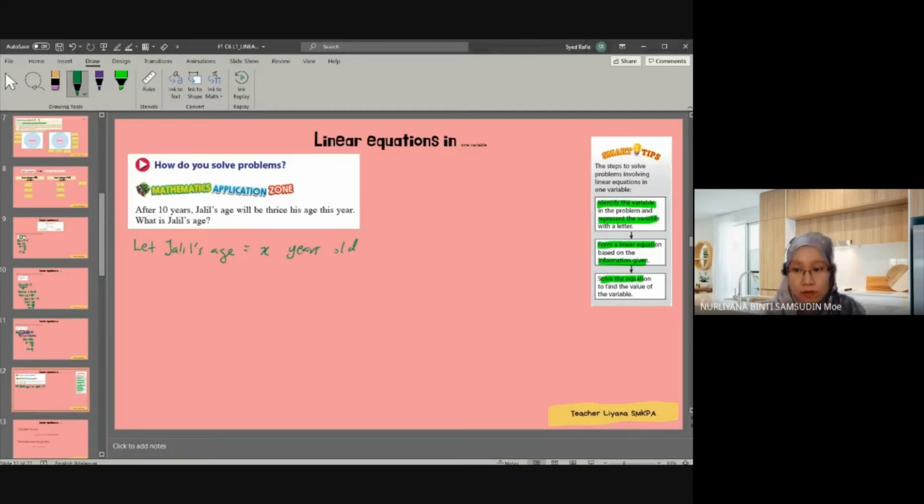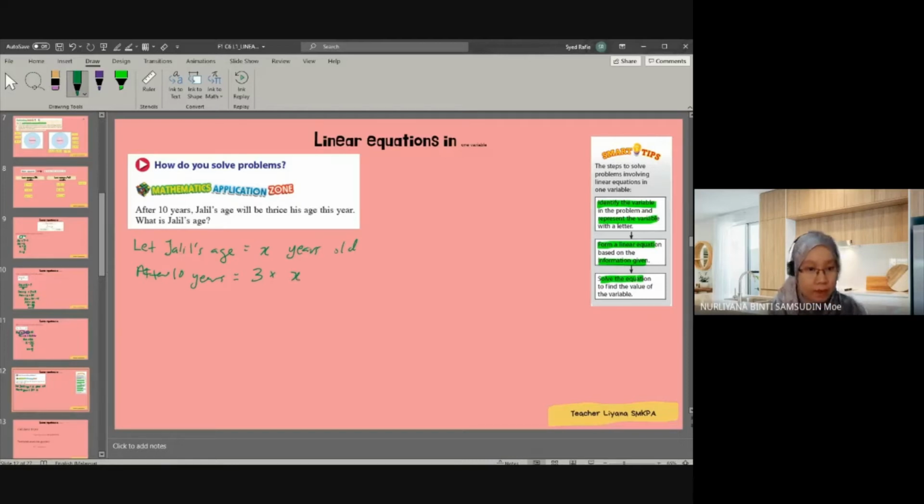The variable we use now is x. We don't know what Jalil's age is. So after 10 years, his age is twice his age now.